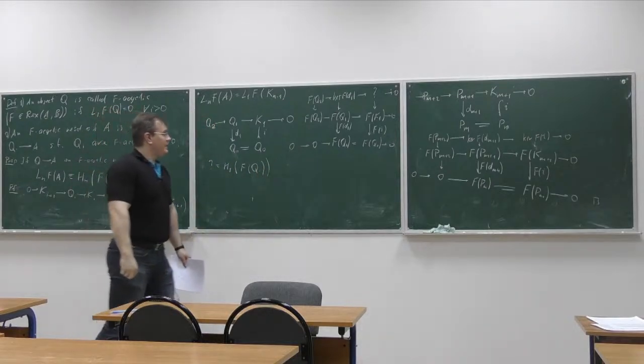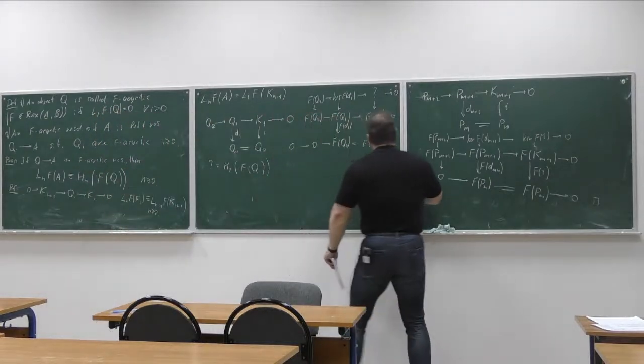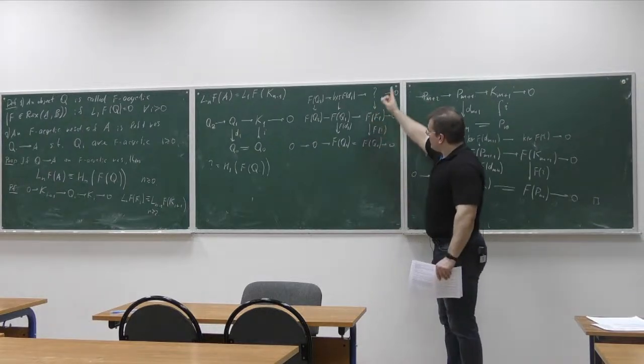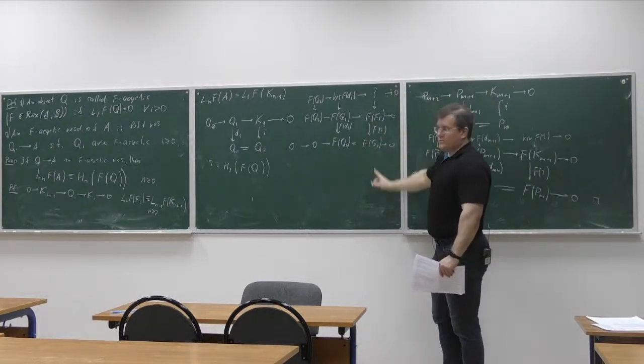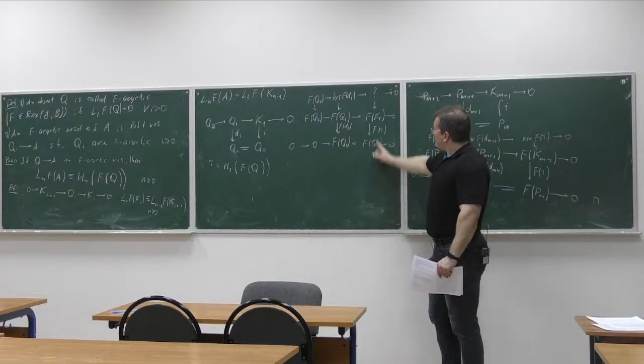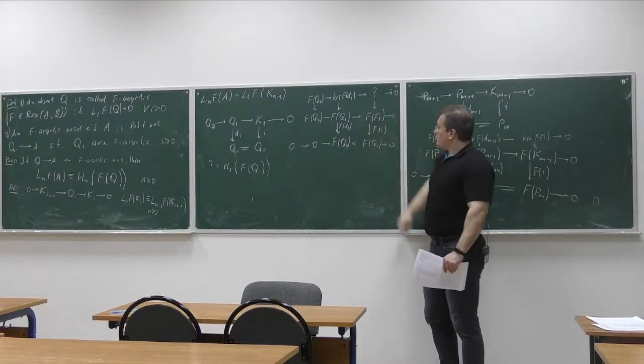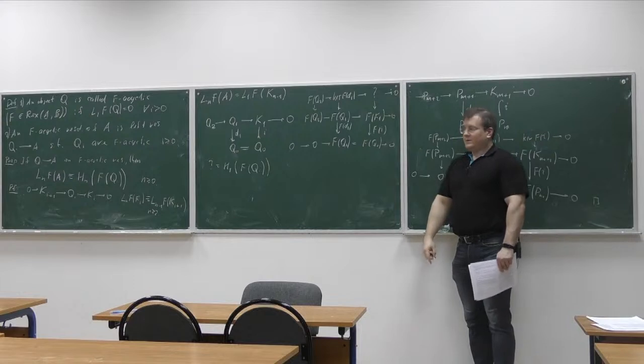Okay. But what if we look at the vertical part of the diagram? What can we say about this question mark from the vertical part? This is the kernel of this map.